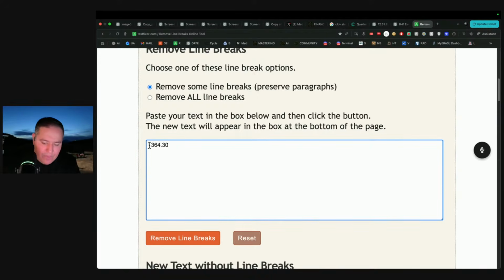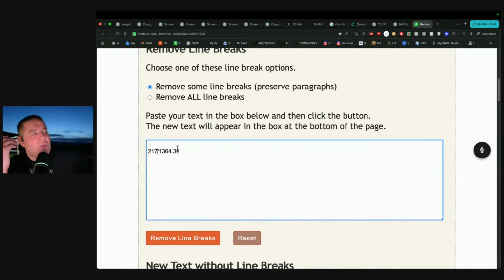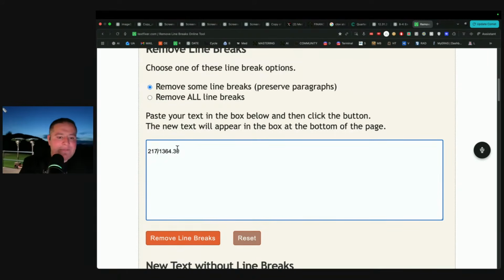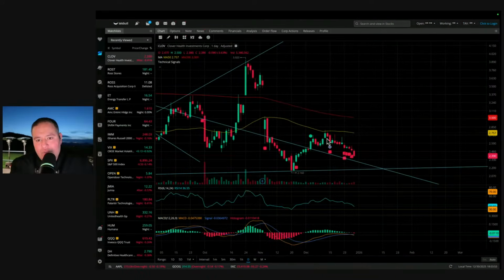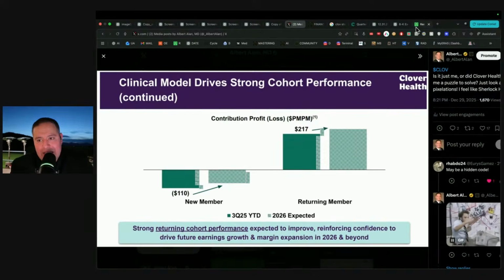And right now their PM is 217. Right, on average, 217. That's how much they're making out of this, 217. But that's not right, because that's also including new members. So you're going to have to subtract it from 110, which is what this number is down here. That'll get you the effective.